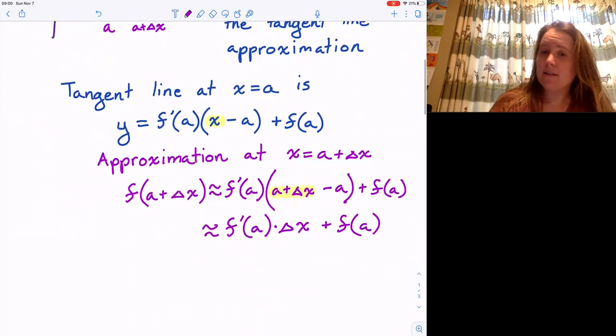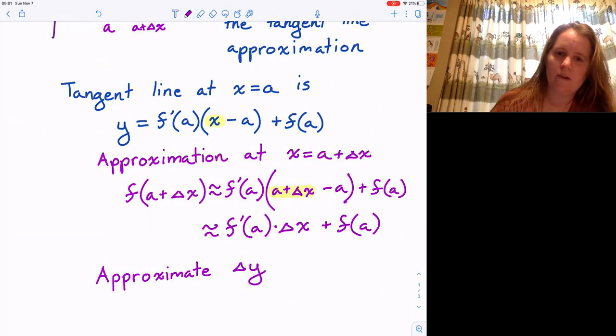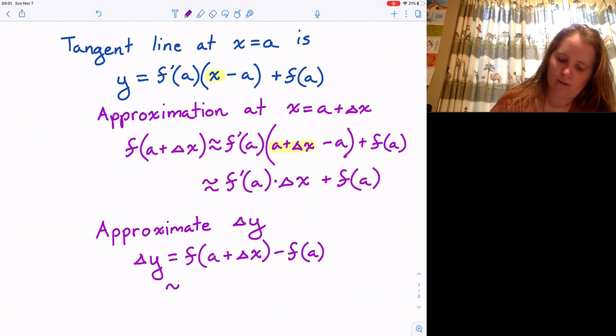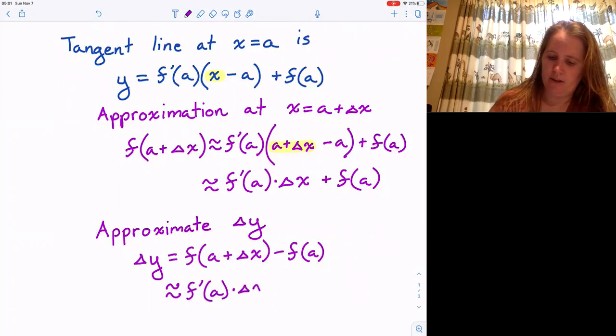So we could approximate the change in y. Right? So the change in y, again, was just f of a plus the change in x minus f of a. But we just figured out that f of a plus the change in x was approximately f prime of a times the change in x plus f of a.